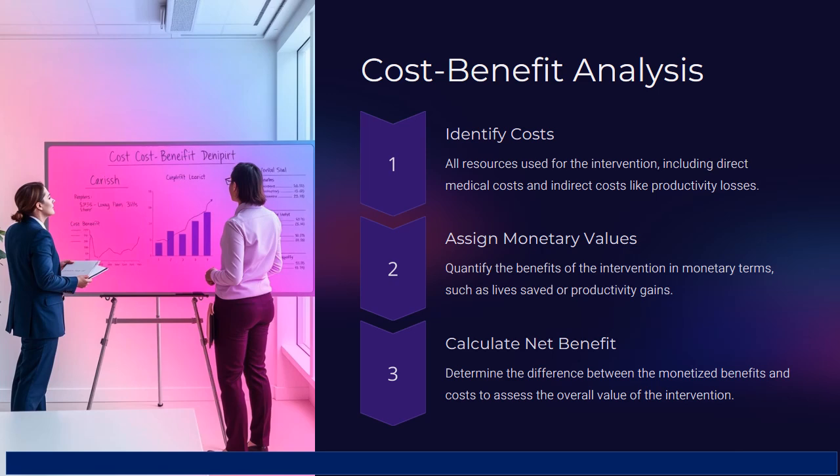The second step is assigning monetary values. It quantifies the benefits of the intervention in monetary terms, such as lives saved or productivity gained. The third one is calculating net benefit. It determines the difference between the monetized benefits and costs to assess the overall value of the intervention.